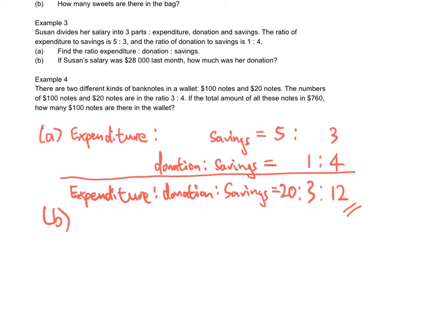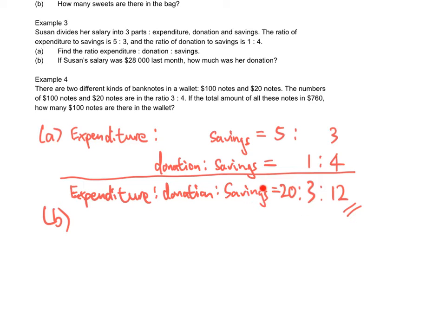Part B. If Susan's salary was 28,000 last month, how much was her donation? Salary, this is the total salary. So again, her salary is 28,000 and divided into these 3 sections. 20 parts for expenditure, 3 parts for donation, and 12 parts for savings.